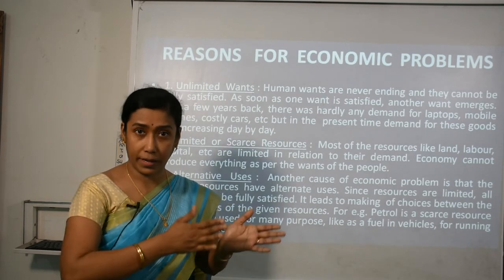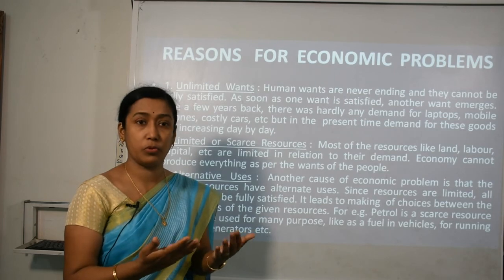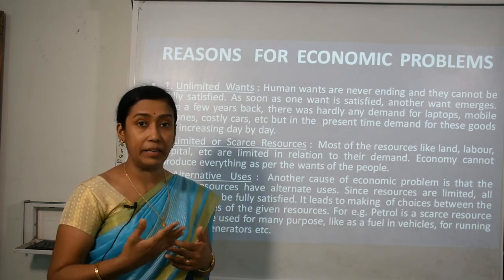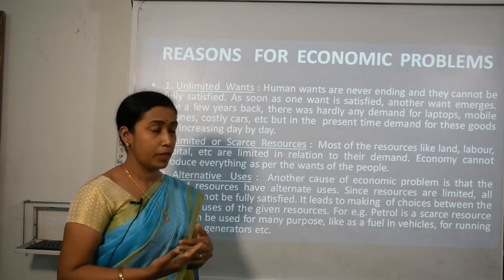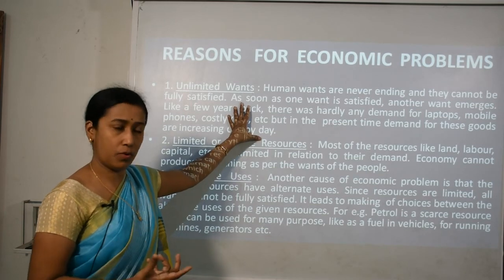Actually, it is multiplying. Few years back it was not so, but with the passage of time our wants and demands are multiplying. So this is one of the causes of the economic problem: unlimited wants.